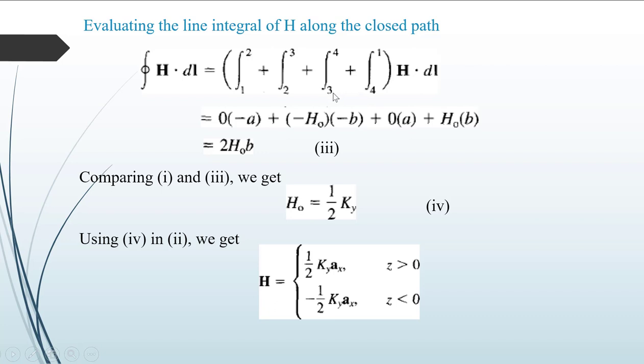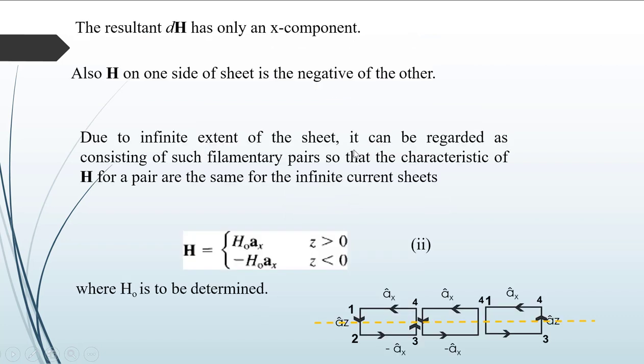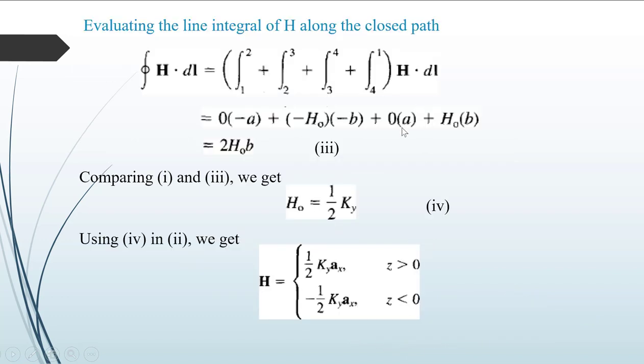Then for the third element, from 3 to 4, H is 0, because H has an a_z component, and there is no a_z component, there are only x components we have to consider. So H is 0, the length is a.